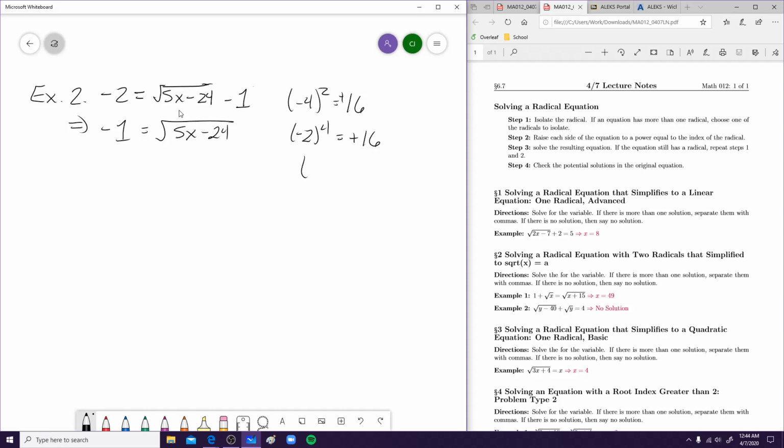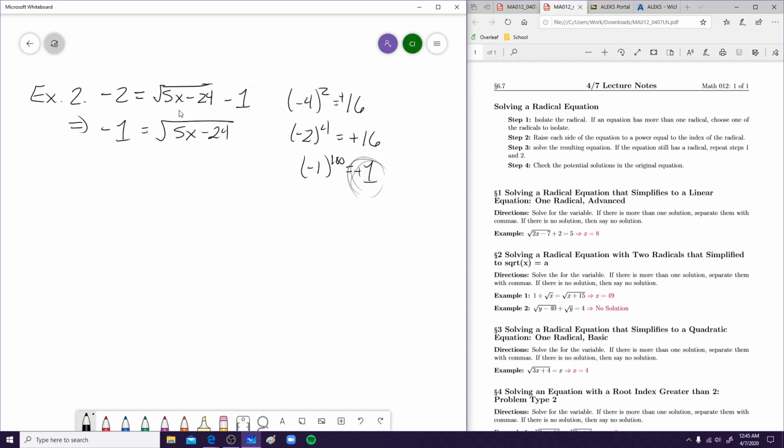If I had even negative 1 to the 100th, what is that? That is positive 1. If it is an even power, you always end up with a positive number, right?